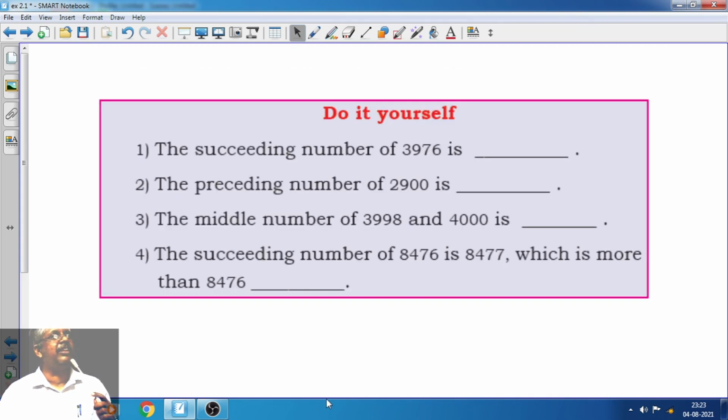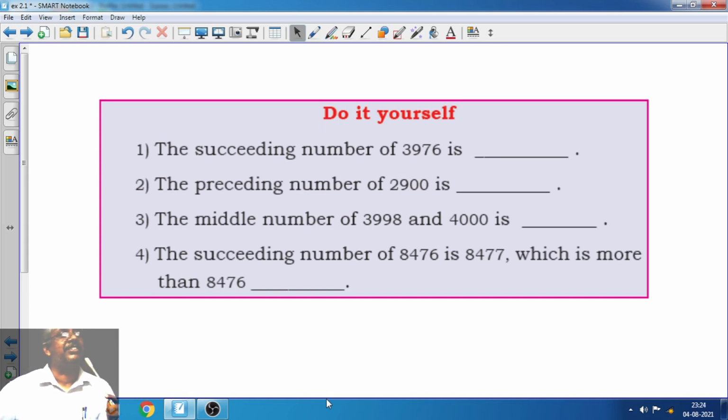Now the succeeding number of 3976 is 3,977. Next, the preceding number of 2,900 is 2,899. The middle number of 3,998 and 4,000 is 3,999.